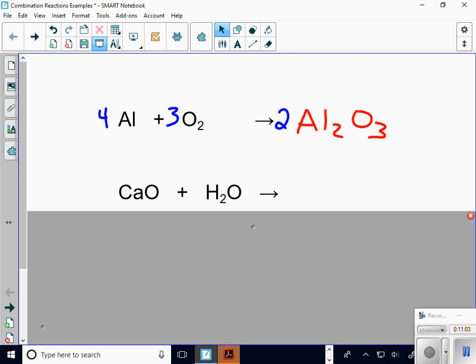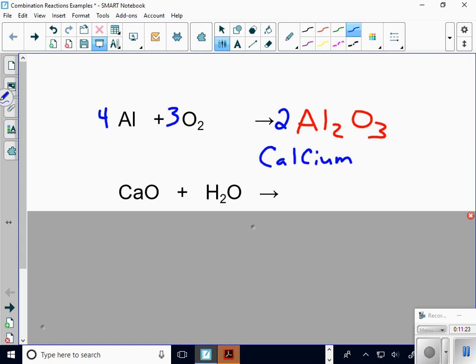So, will this reaction occur? Yes. So, I am going to be forming a metal hydroxide, specifically what metal? Calcium. So, what am I going to be forming? Calcium hydroxide.